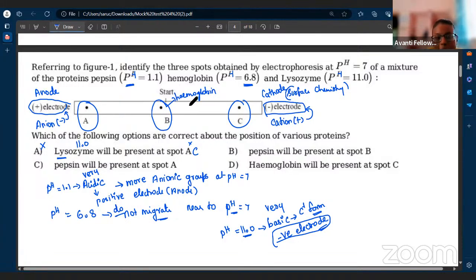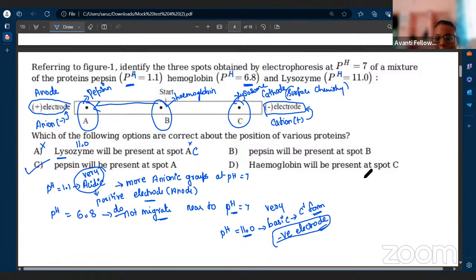Spot C is for lysosome. So pepsin will be present at spot A. Pepsin is very acidic in nature, so it will migrate to the positive electrode, that is your anode. So here pepsin will be present. Option C is going to be the right one.